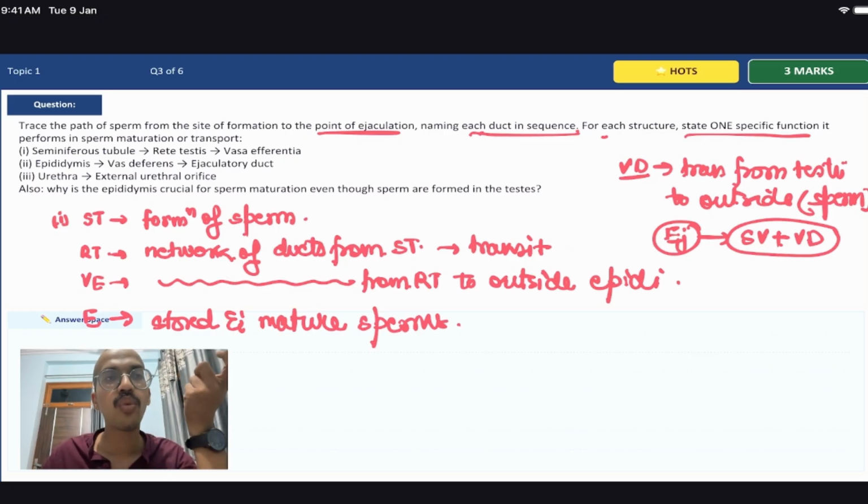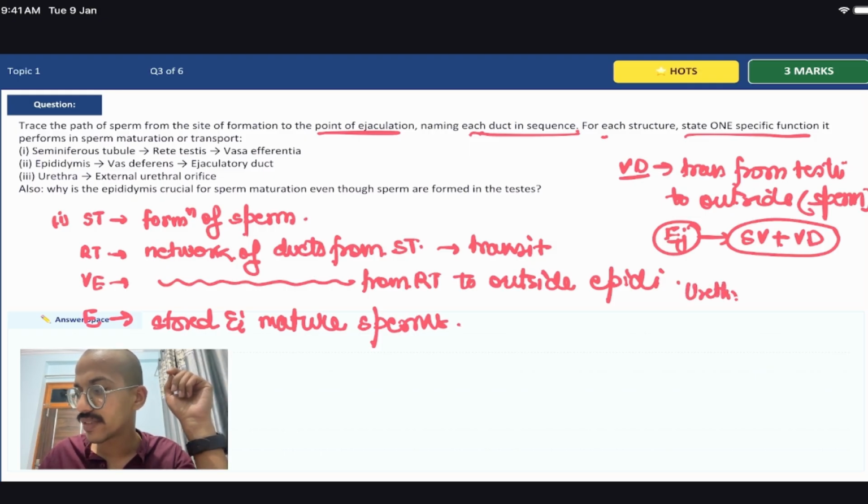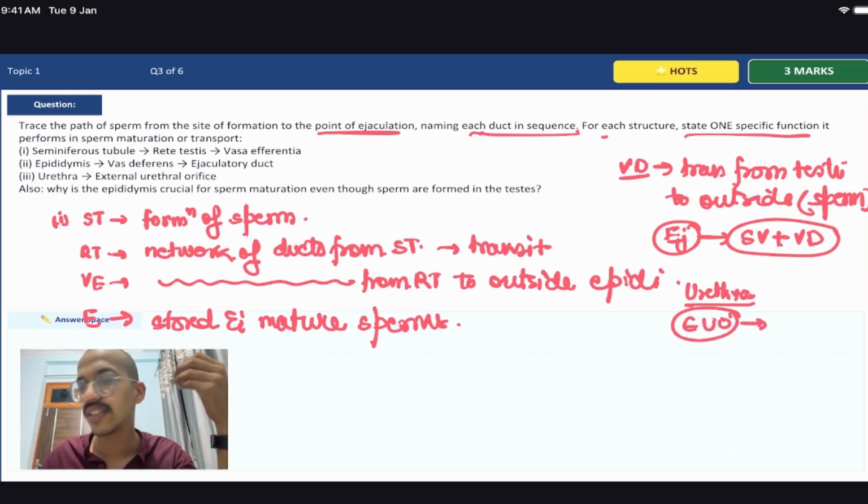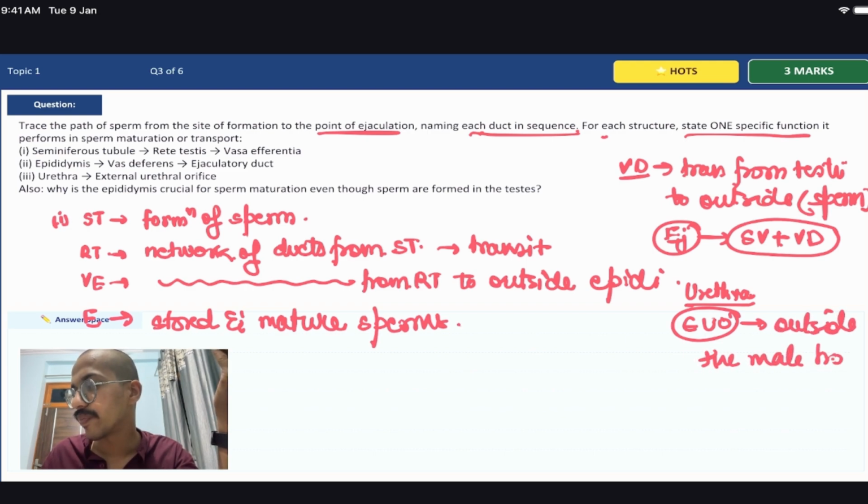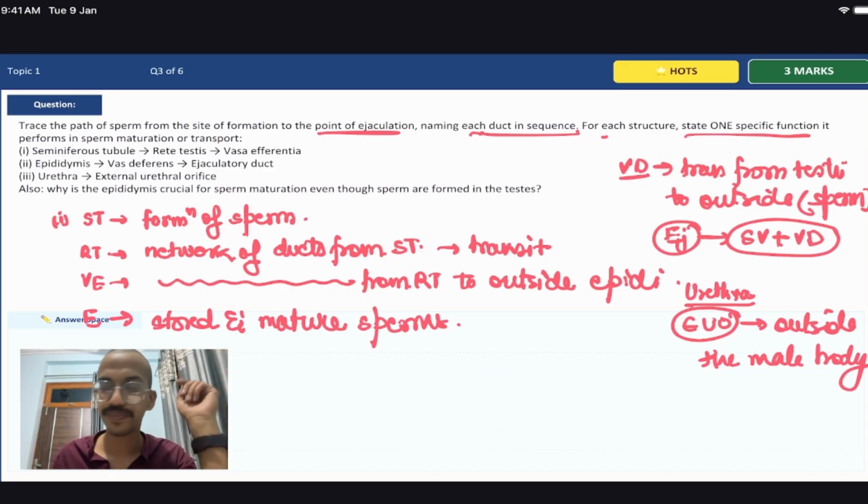It contains the enzymes and the secretions of the seminal fluid, and forms 60% of the seminal fluid. Then comes the urethra, which is the passage to pass through. The external urethral orifice is the opening through which the sperm goes outside the male body.